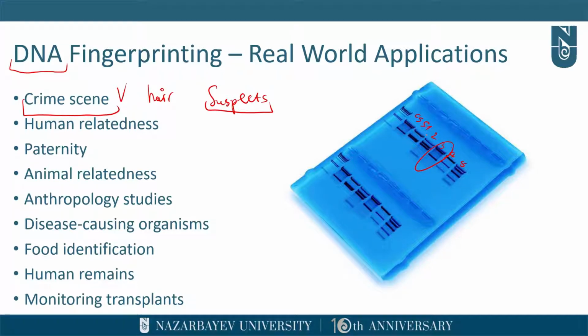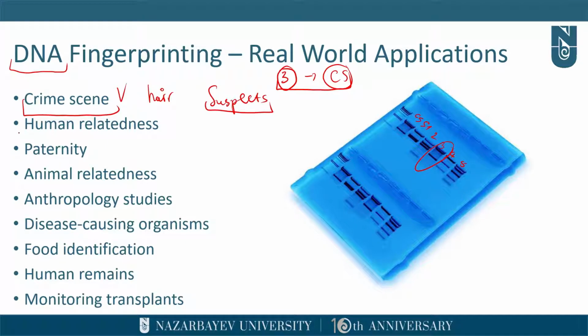Okay, so it will tell you that suspect 3 has the same fragmentation of DNA as the person from the crime scene. And based on these analyses, we can firmly say that the third suspect is actually the person who was on this crime scene.